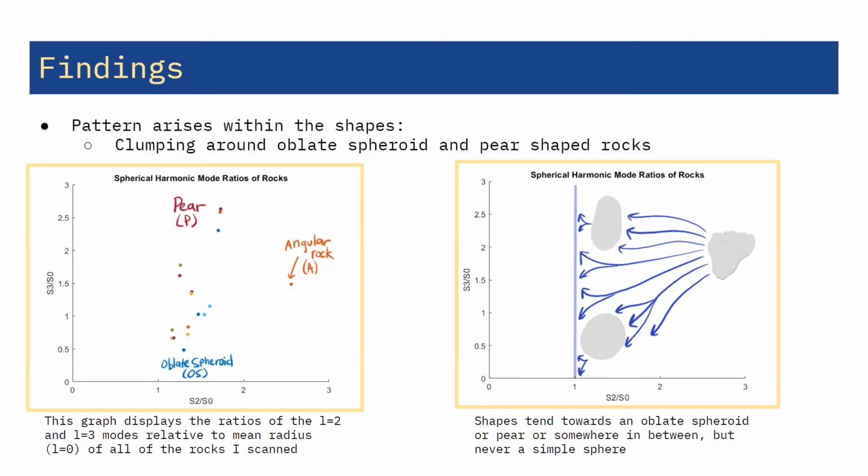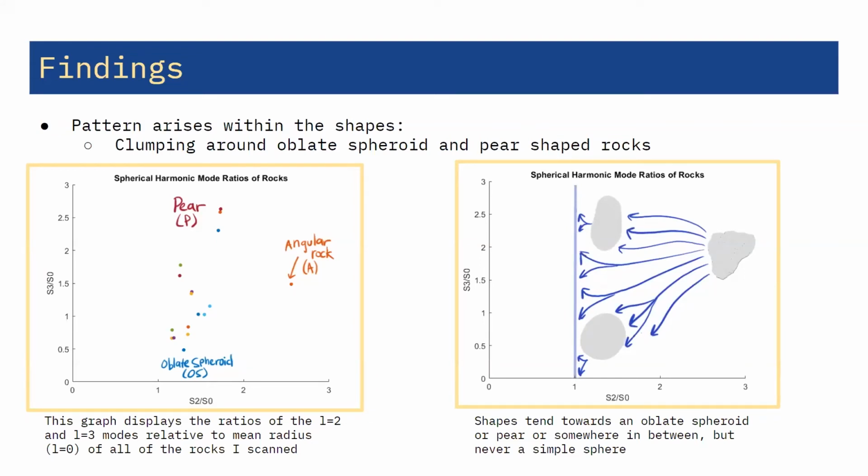S3 over S0 is that same thing, but with L equals 3. So high points on the vertical axis become more oblong or pear-shaped. Low points, between 1 and 2 on the horizontal, are going to be oblate spheroids and prolate spheroids.